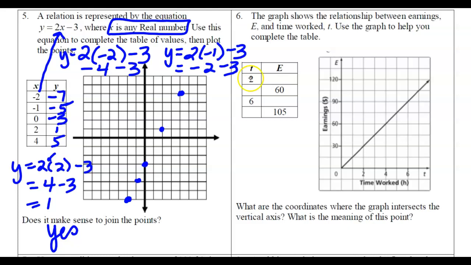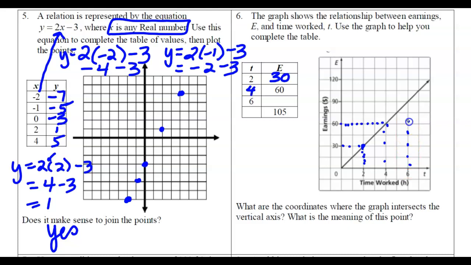So when t is 2, you want to look at your graph, and you go up to the graph and go across, and the earnings are $30. Now, when earnings are $60, you go across and down. That's for 4 hours.